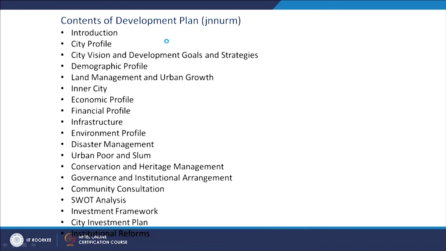Every planning process has the projected requirement of the city. So, you can see that this is an example of the contents of the development plan, which we call the city development plan. In short, during JNNURM, in the last lecture we discussed thoroughly the background of the JNNURM.